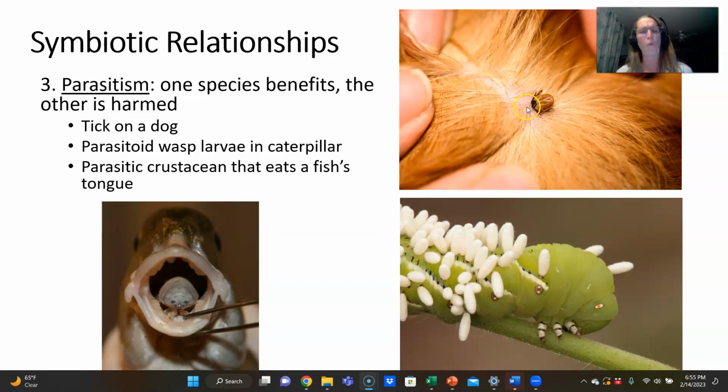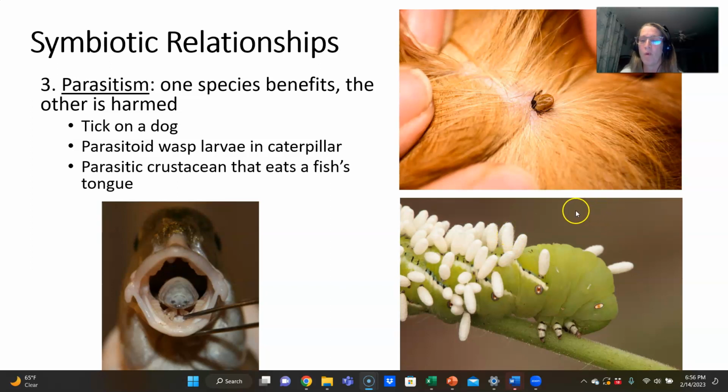So one example of a parasite that you're all aware of is, here's a tick that is feeding on the blood of a dog. This is one that may be a little bit less common. You may not have heard of this. This is a caterpillar. This is the host. And these tiny little white things are cocoons or pupae of wasps.